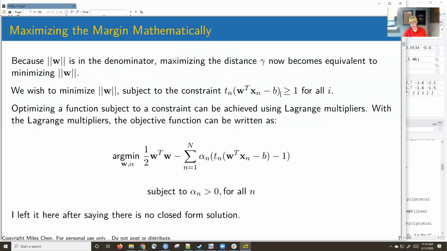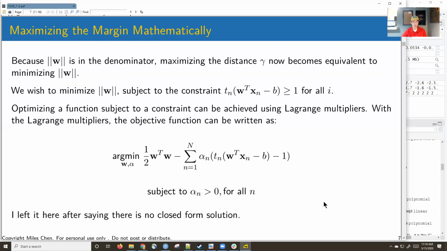And so we're going to take each of these, subtract the 1 from each side, and we get this, and then we multiply it by some constant alpha sub n, and alpha sub n has to be greater than 0, and this is the objective function that we want to optimize here, right?